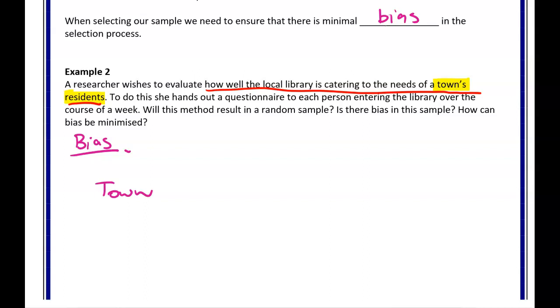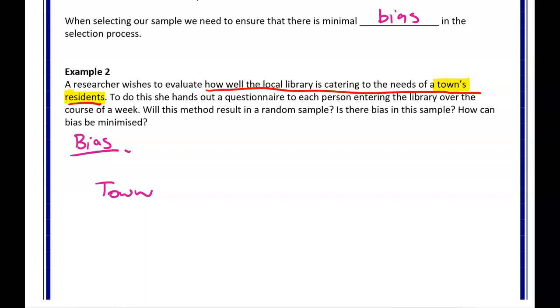What could we do then? We could allocate them all a number and generate however many random numbers we might need. At least 30, could be more, depends on how many households are in the town. So the idea is just a random selection. So systematic would be okay, or just using a random number generator to select our sample.